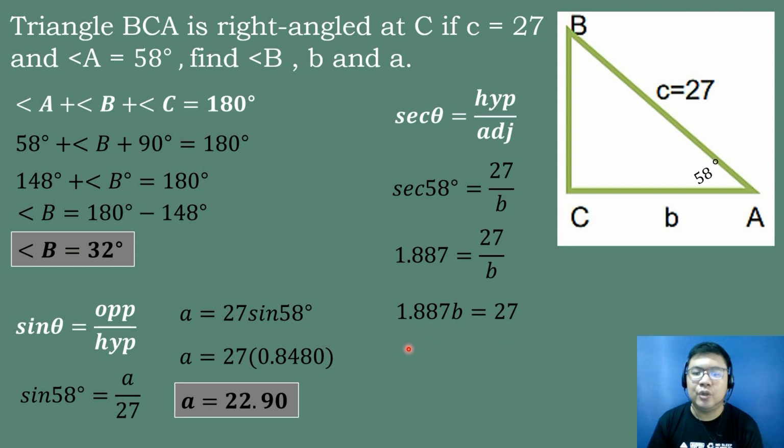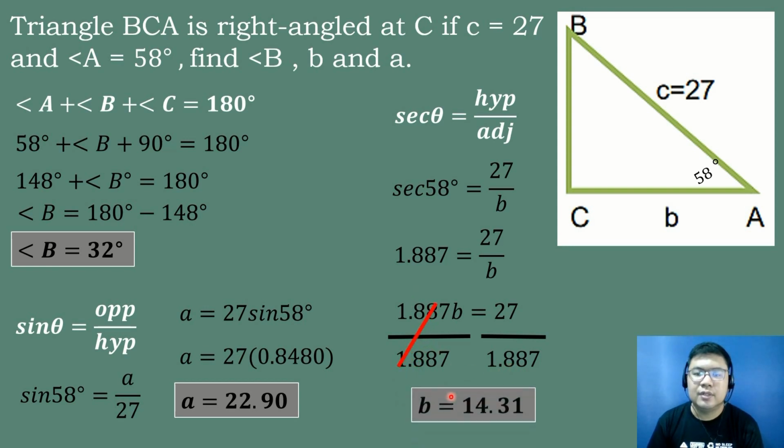Then to get the value of B, let's divide both sides by 1.887. Then this will be cancelled out. So B will be equal to 27 divided by 1.887 is equal to 14.31. So the measure of segment CA or side B is equal to 14.31.